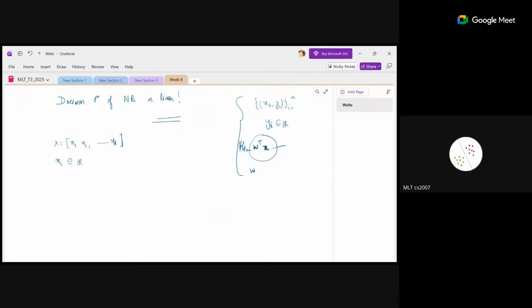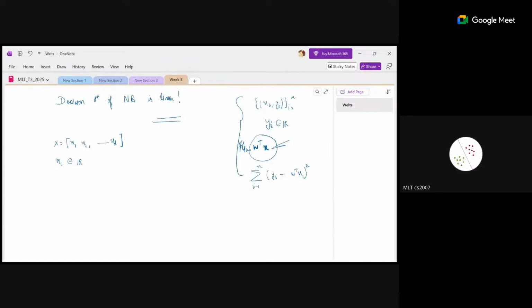We wanted to minimize the squared difference between any y we have and what we predicted, W transpose X, varying from 1 to n. So we wanted to minimize this mean square error, and the W that solves it is the weight that we got.